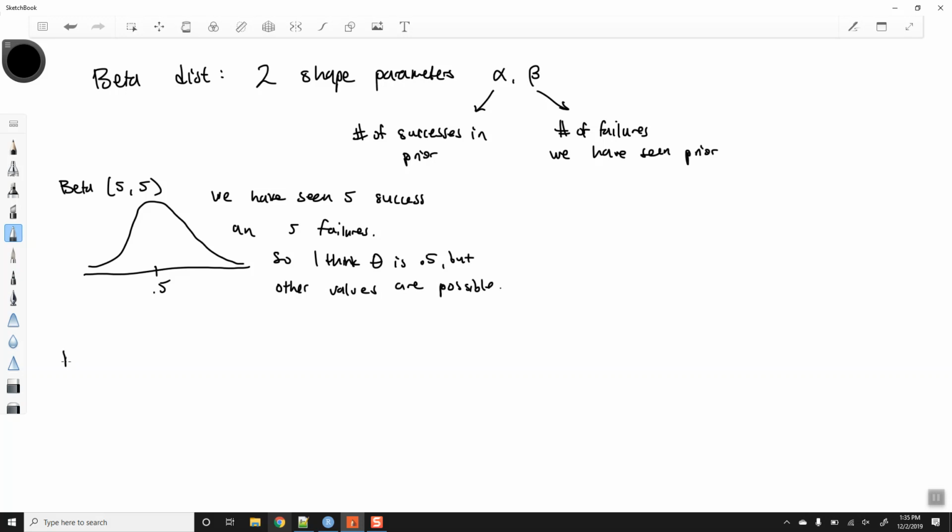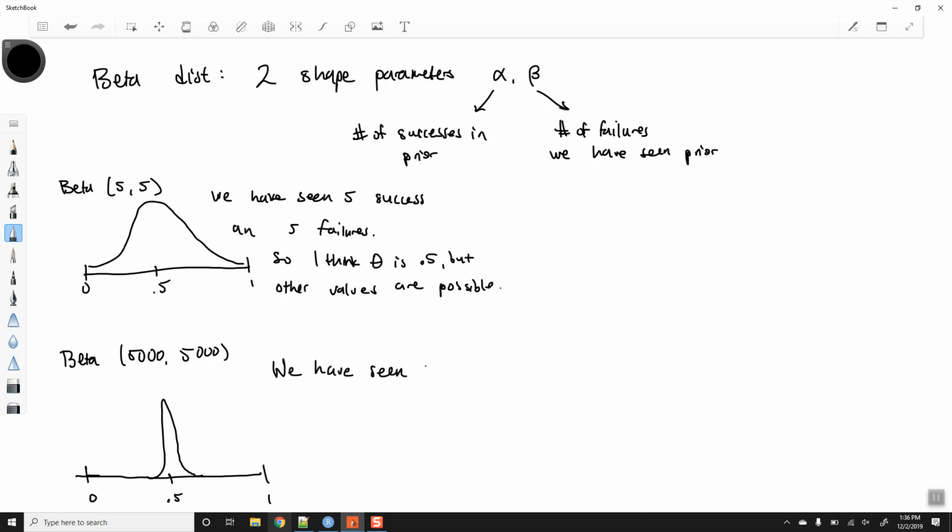Whereas beta 5,000, 5,000 would look like this, right? We have seen 5,000 successes and 5,000 failures.